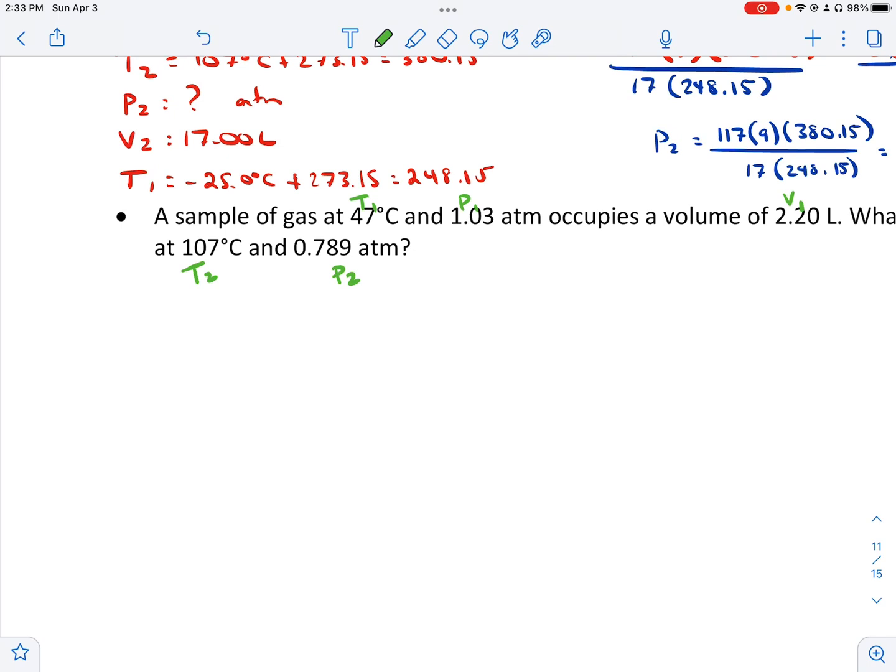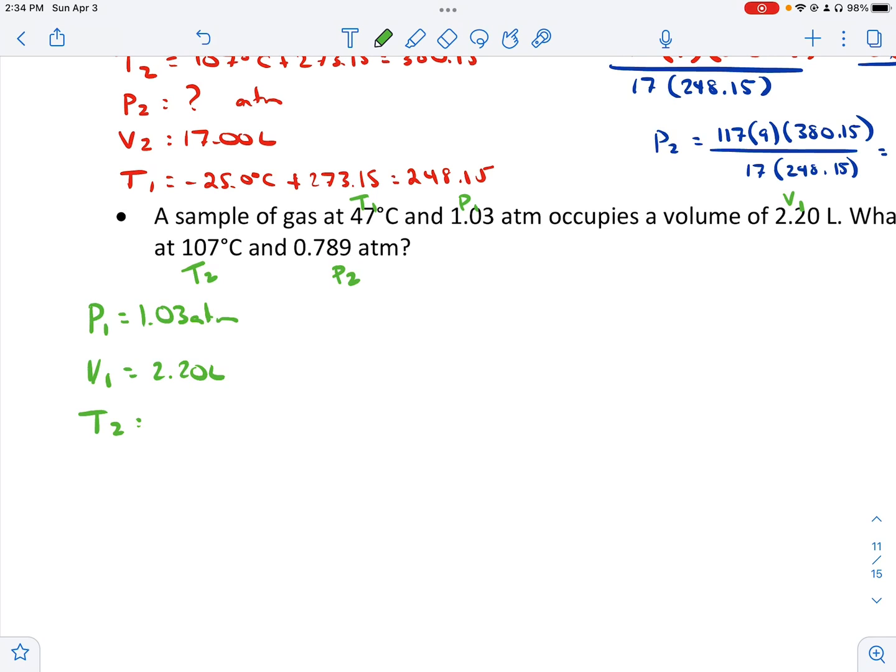And let's just write what we know down the side there. P1 is equal to 1.03 ATM. V1 is equal to 2.20 liters.